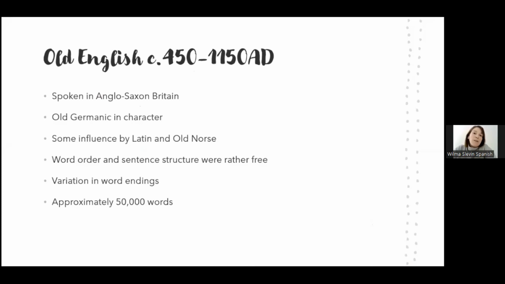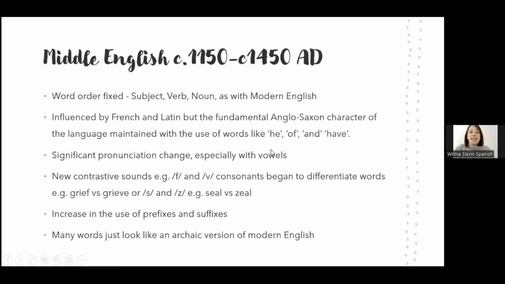And then just a little bit of information about Old English, some characteristics. You can get the students to take note of these, maybe put this into a project. And then Middle English.